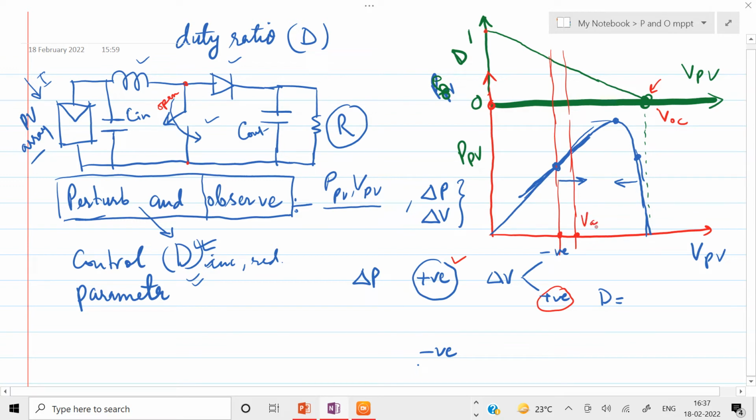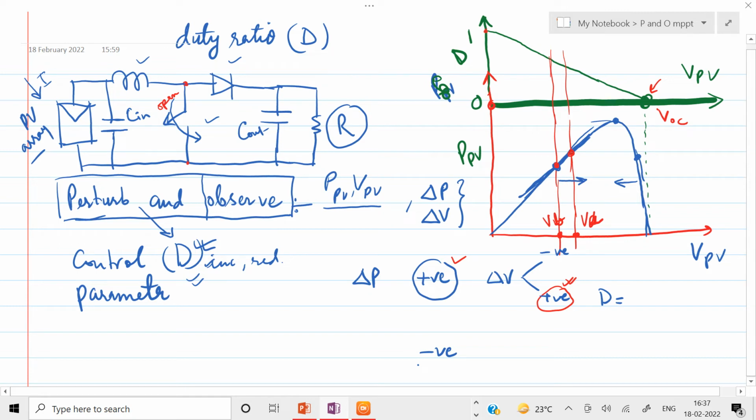So let me call it V after and V before. Definitely V after is larger. So V after would be here and V before would be here, isn't it? That's the only way delta V would be positive. And power is positive here.